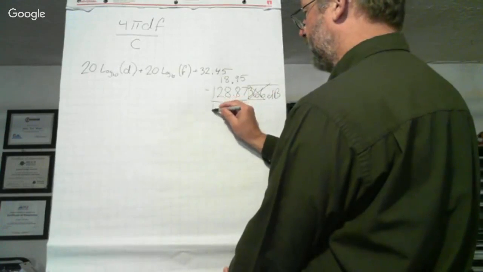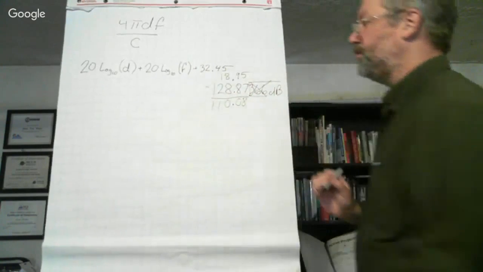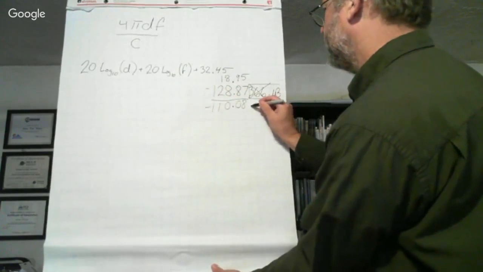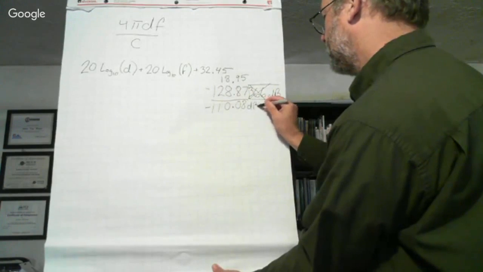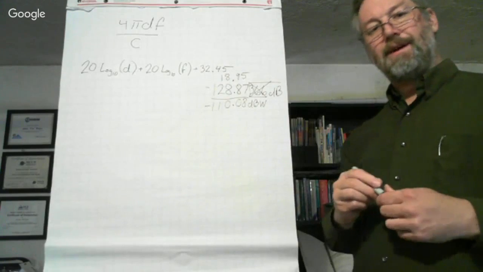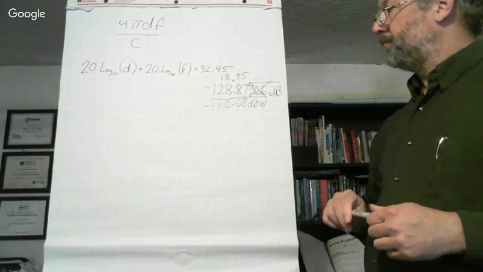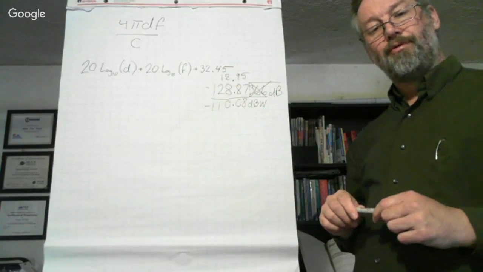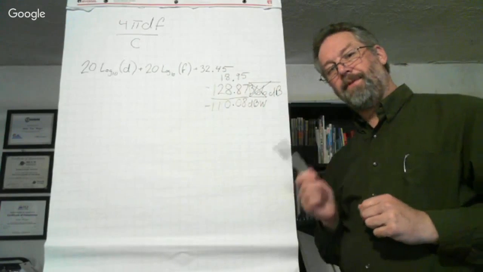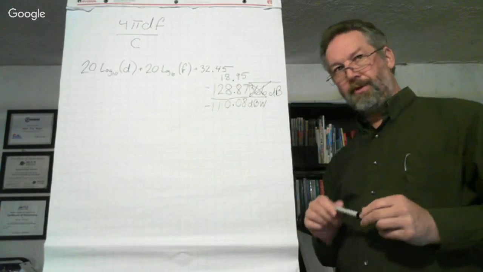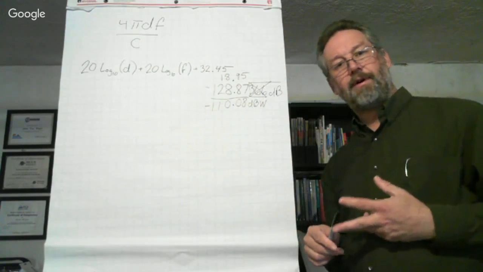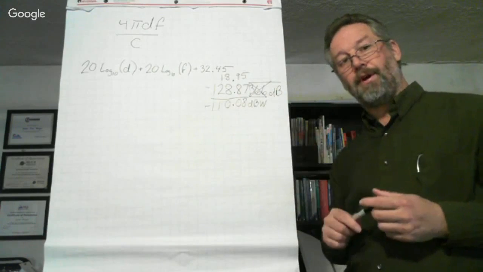Because what we end up with is we're down to negative, minus 110.08 dB. That's still a substantial amount to recover, but it's not impossible. The big thing to remember here is receiver sensitivities often go into the 80, 90, sometimes into the 100 dB range. So we're almost there.